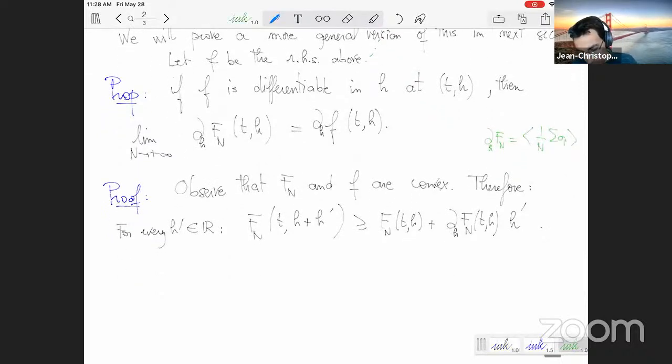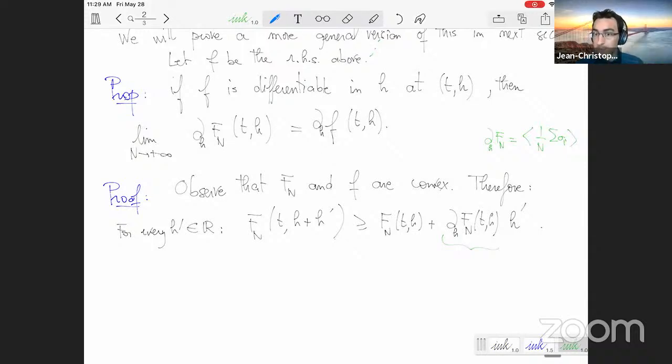And now I'm wondering about the convergence of this derivative. We said it's bounded, it's between -1 and 1. So up to extraction of a subsequence, I know that it converges to something. I just want to say that there's a unique possible limit point. So let's say that along a subsequence, it converges to something.